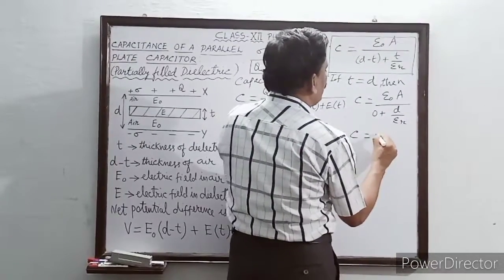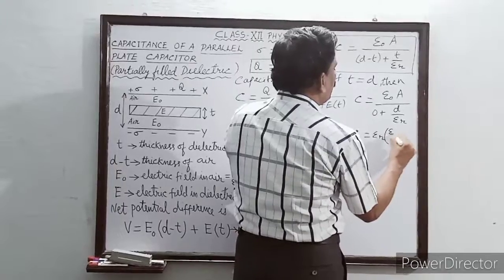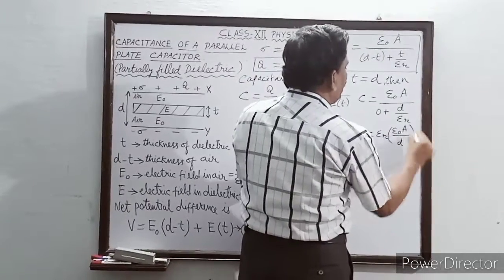Therefore, C is equal to epsilon r into epsilon naught A divided by d.